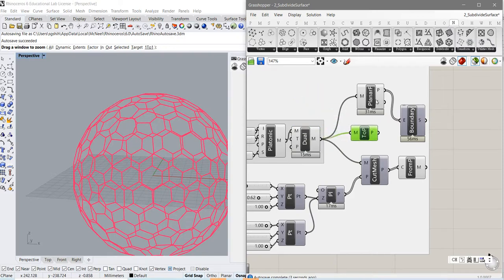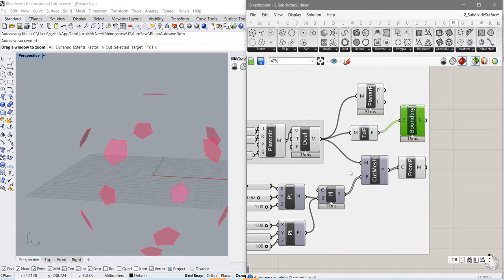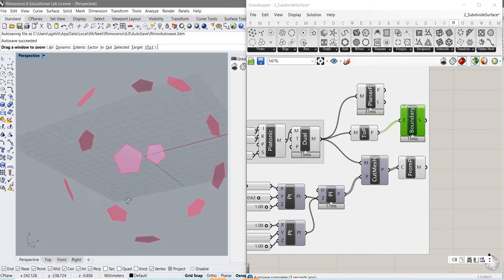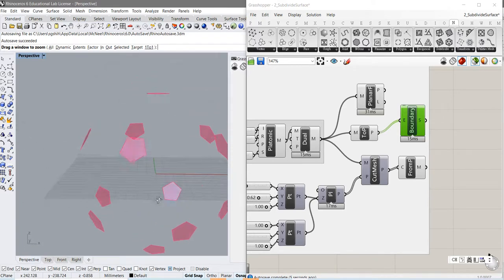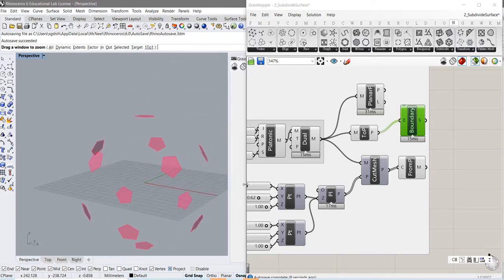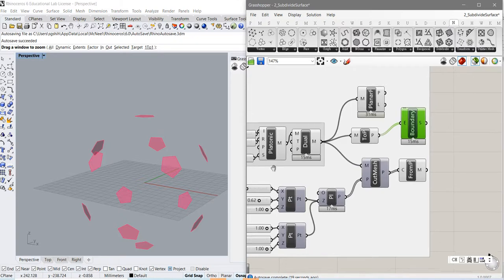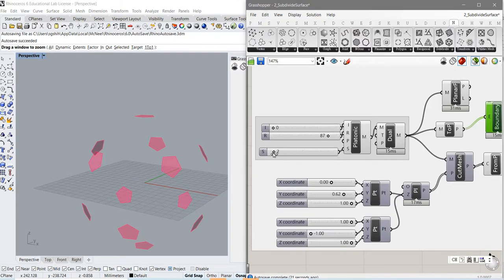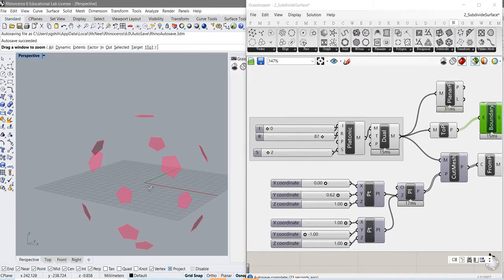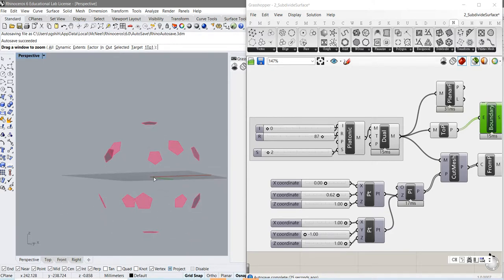And before, if we don't do any planarization, then we try to get the boundary of it. You see, you get only pentagons, because when you do this subdivision of this Platonic object from icosahedron, no matter how many times you do this, how many levels of subdivisions, you always get 12 pentagons, right?